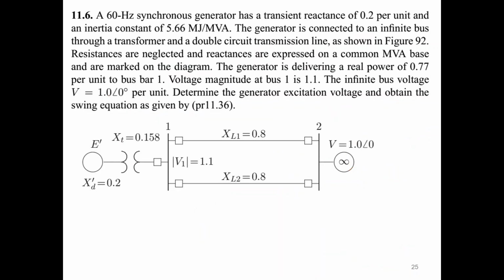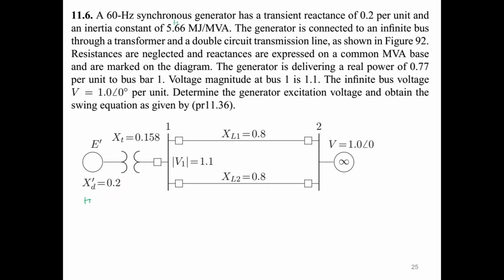All right, 11.6. You see that the 60 Hertz synchronous machine has a transient reactance of 0.2 per unit, and the inertia H is 5.66 megajoule per MVA.